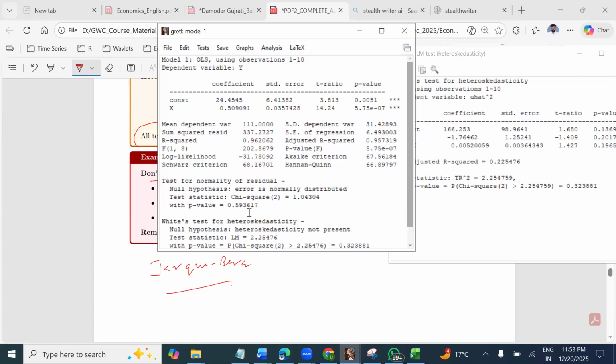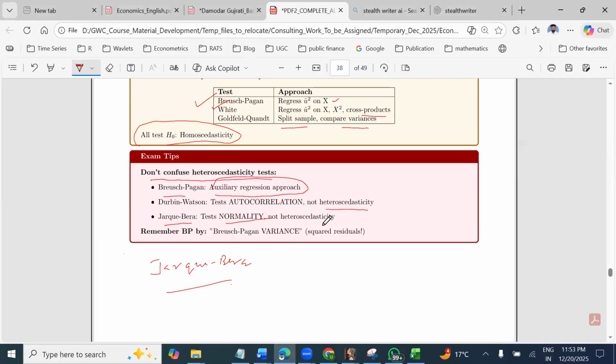It means the error in our regression model is normally distributed. Is it clear, Chinmay? Yes, sir. Okay.